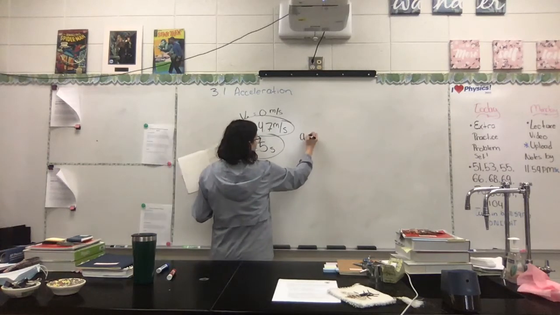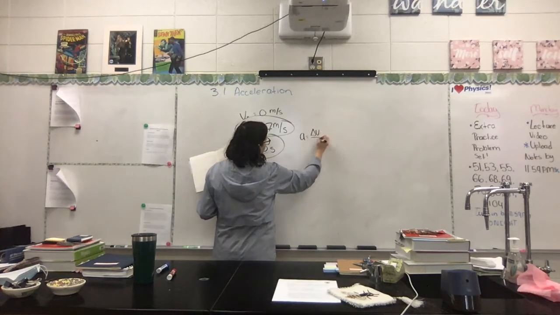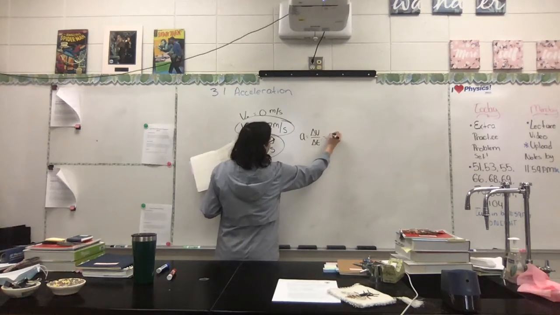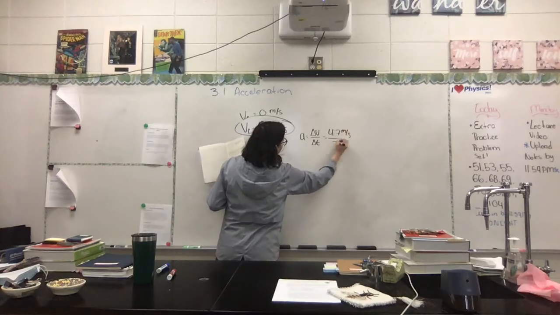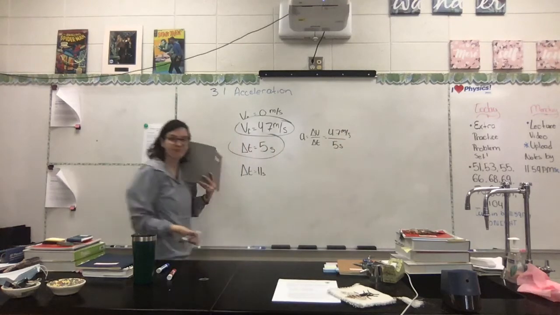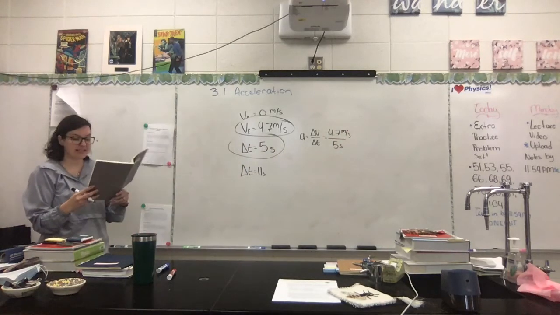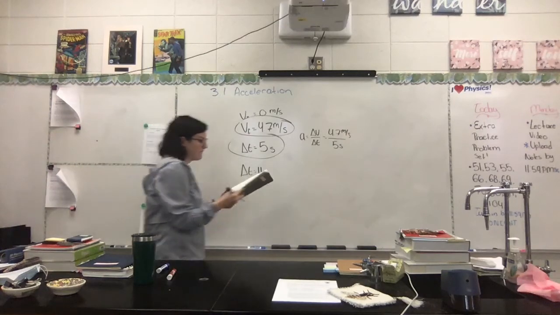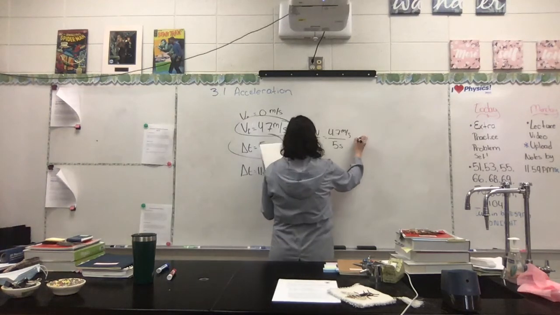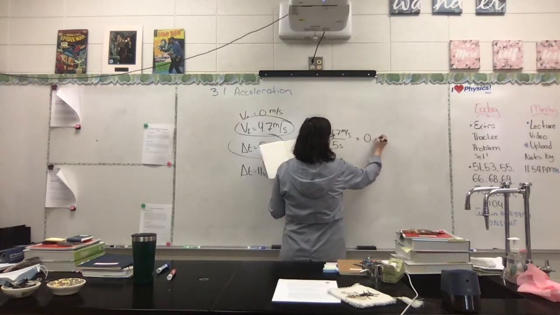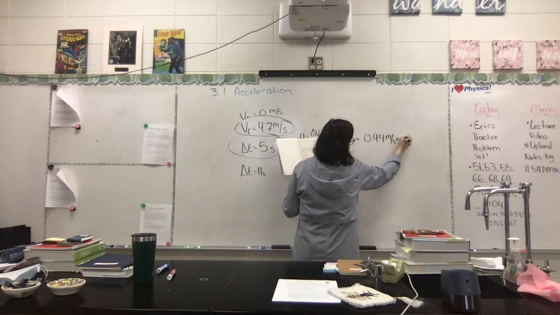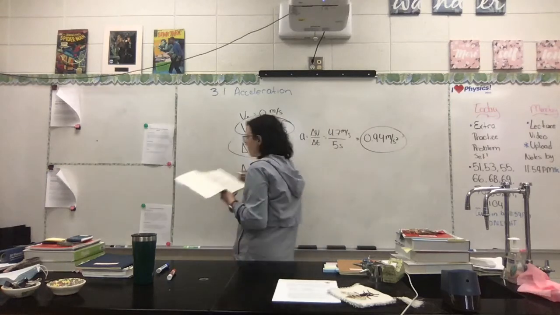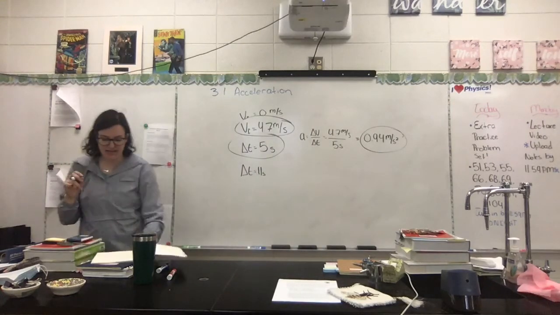So we can do acceleration equals change in velocity over change in time, and we'll get 4.7 meters per second over 5 seconds. And when we do 4.7 meters per second divided by 5 seconds, we're going to get that the acceleration was 0.94 meters per second squared, okay? That's not the end though.